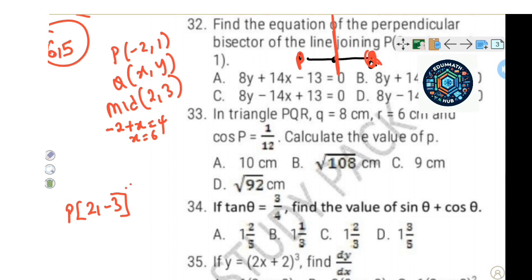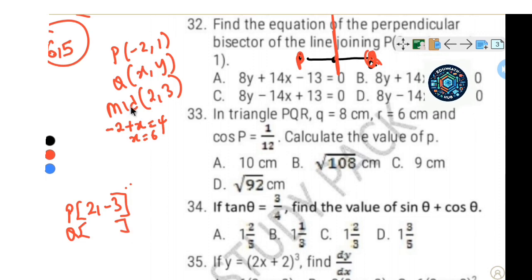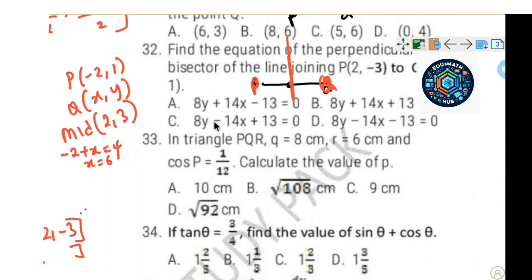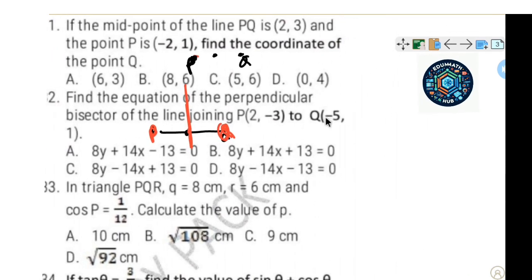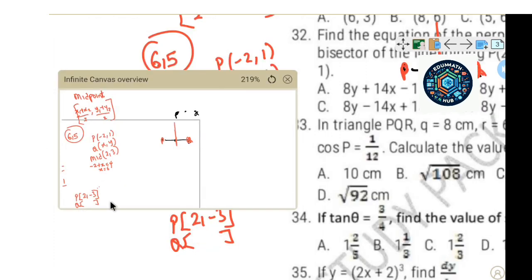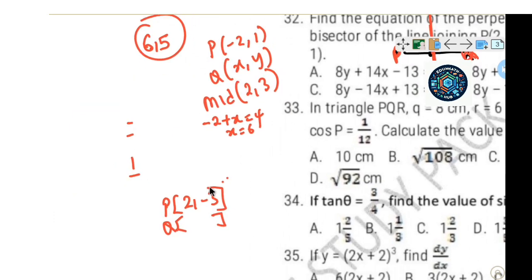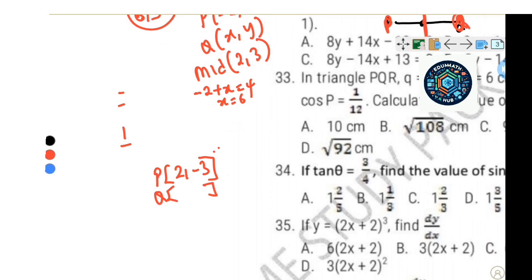So P is 2, minus 3. Then let's get the point Q. Now point Q is minus 5, 1. So we have minus 5, 1.